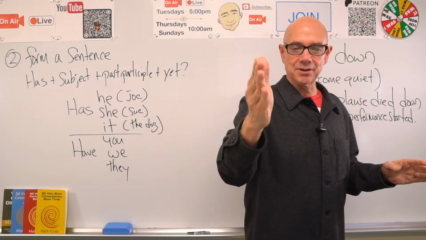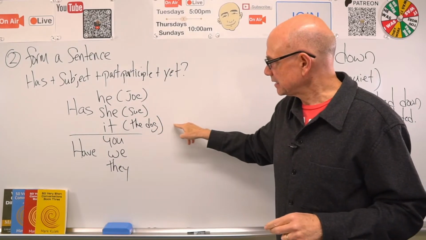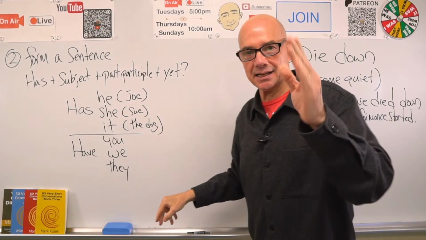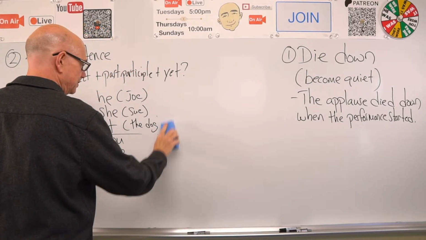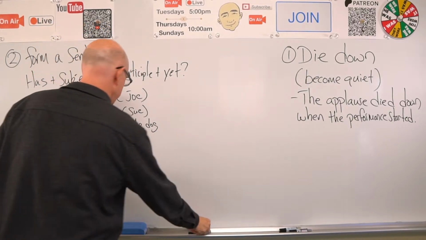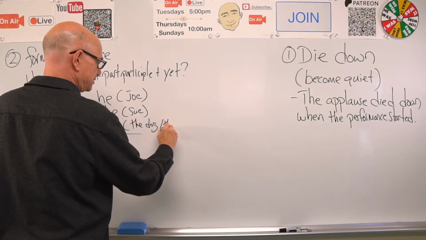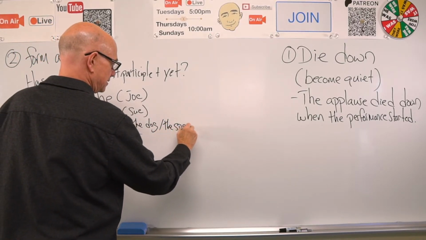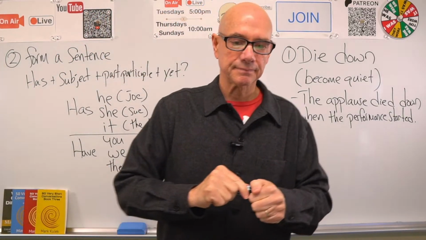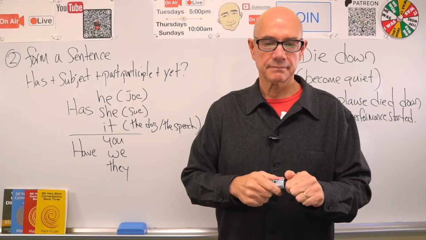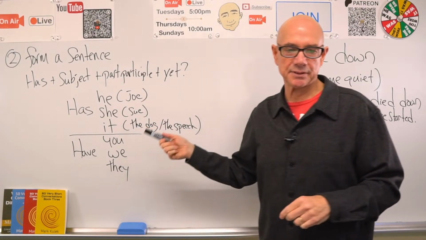Okay. Boris, has the speech finished yet? Yeah, okay, so it doesn't have to be an animal. It could be a thing. It. So good, Boris, thank you. So we can say the speech, it. Okay, that's good. It doesn't have to be a cat.